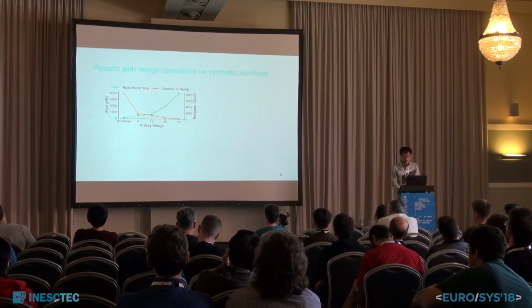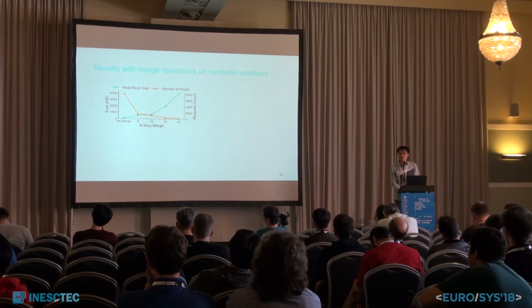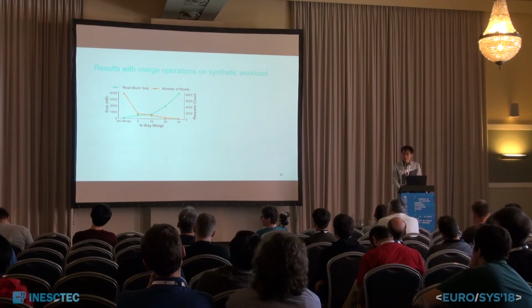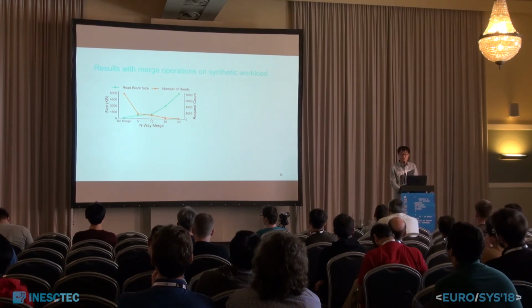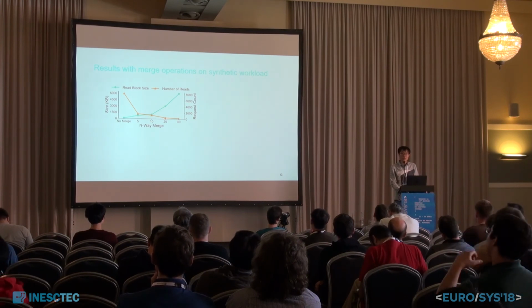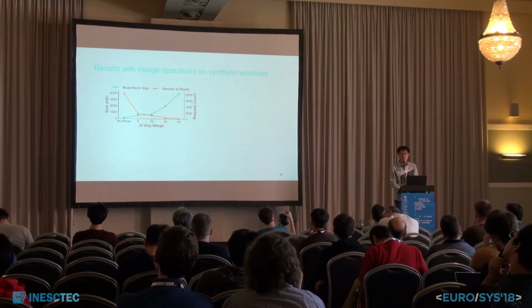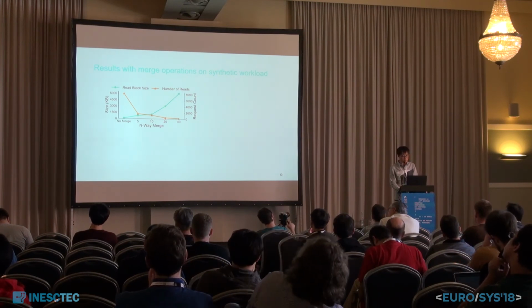So to show the benefit of this efficient merging in Riffle, we first look at the synthetic workload that processes 3 terabytes of data. Note that in this synthetic workload, the map stage is only doing the file generation, and the reduce stage is only doing the shuffle operation. So there's no heavy computation involved in this job, so that we want to isolate the shuffle behavior.